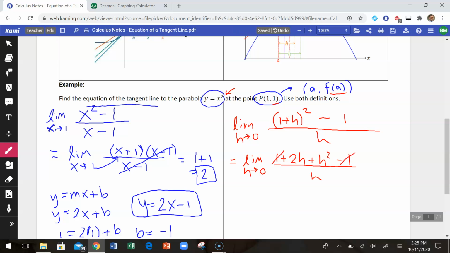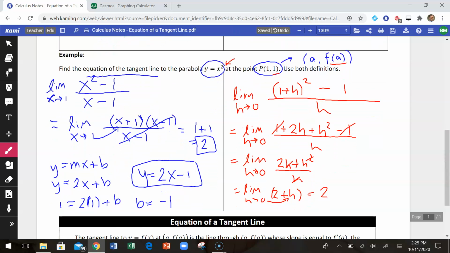Your 1s will cancel. So we have the limit as h approaches 0 of 2h plus h squared over h, and now I can eliminate an h from each term, which would give me the limit as h approaches 0 of 2 plus h, and I can plug in 0, which would give me 2 plus 0, which is 2.